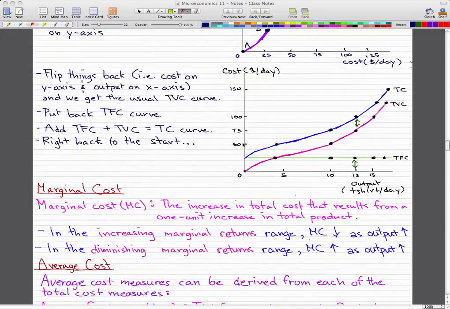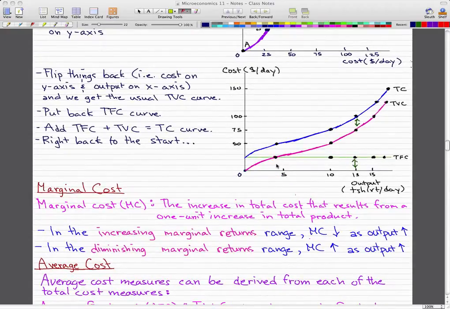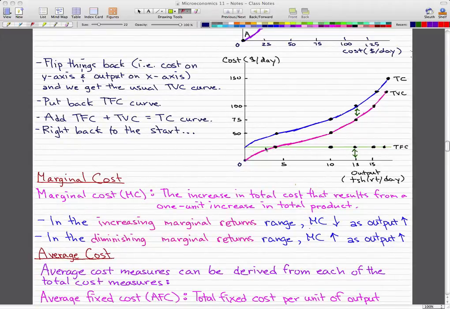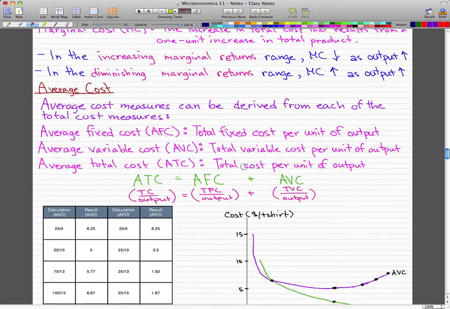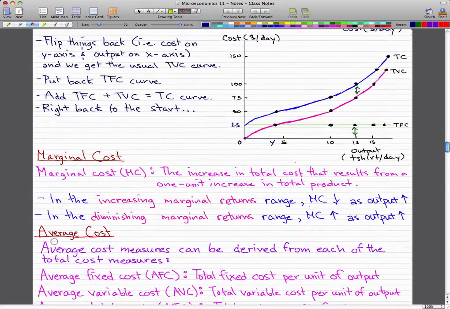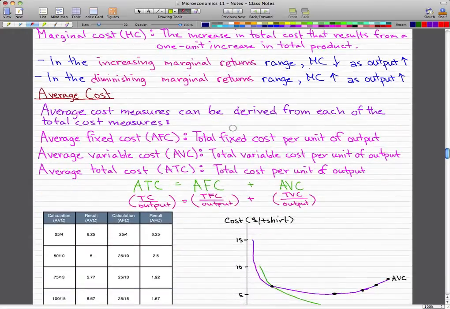So for this point here, we just took the total variable cost, which is 25, divided by 4, because the cost is 25 here and the output is 4. So that's 25 over 4, and we get an AVC result of 6.25. Calculating another one, 50 over 10.